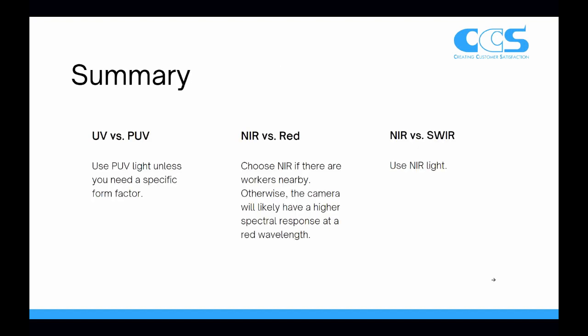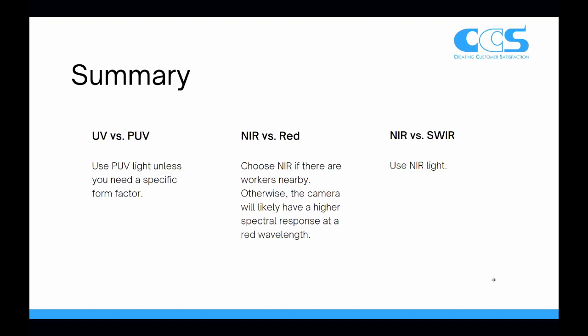So in summary, using UV versus pure UV light, I would say use pure UV light unless you need a specific form factor. But in the end, if your application isn't highly reflective, either one will work. If you're doing NIR versus red, choose IR light if there are workers nearby that you don't want to bother.